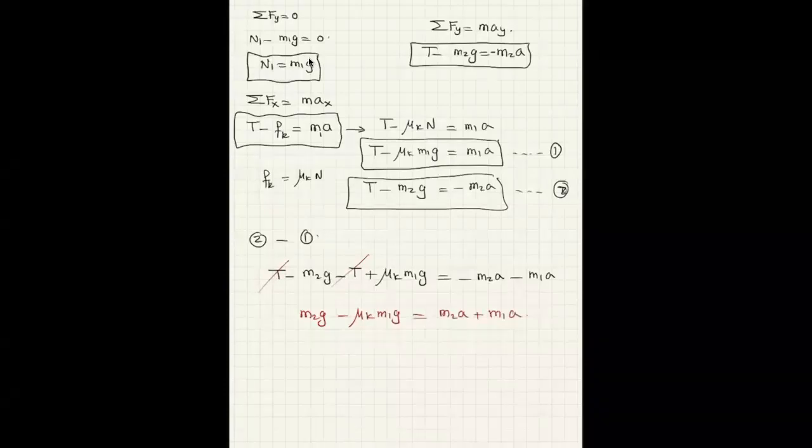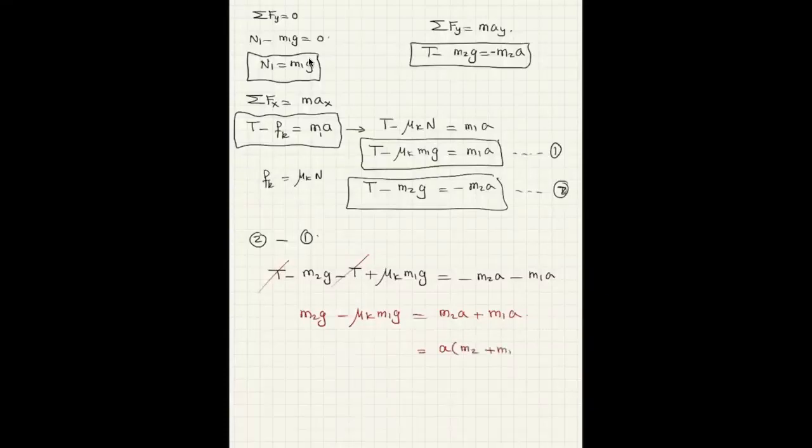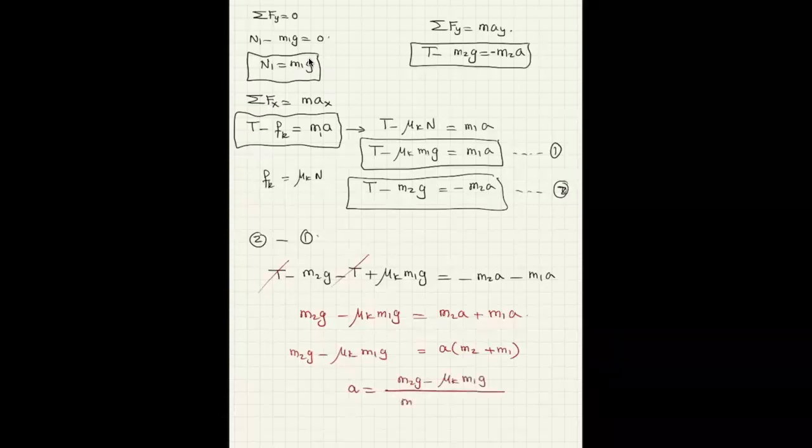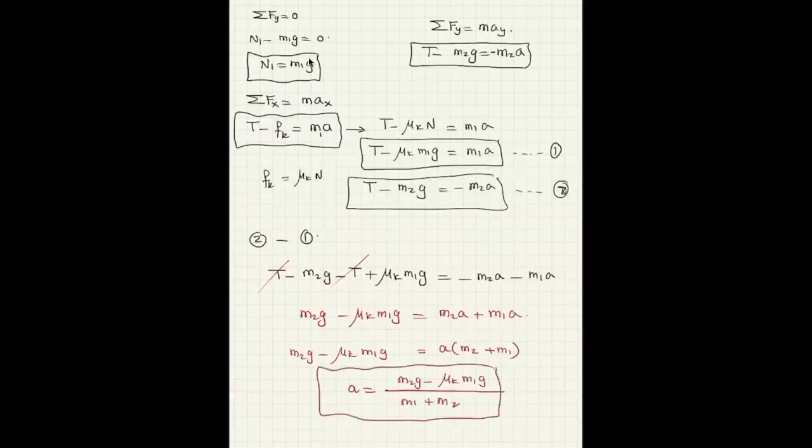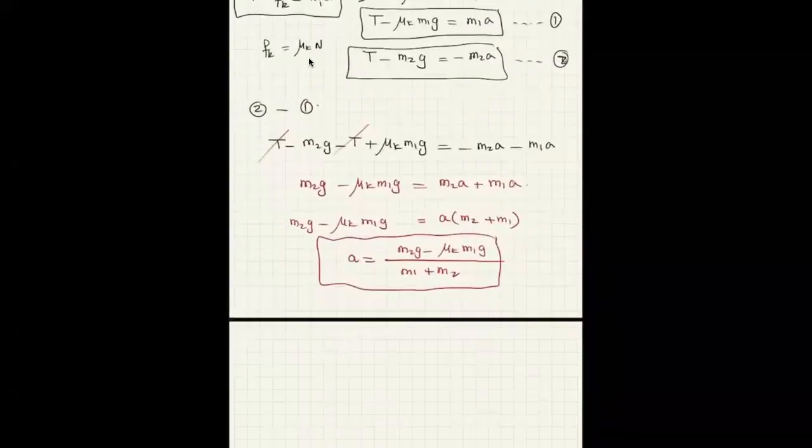And then finally, I will isolate A. My A is going to be M2G minus mu k M1G divided by M1 plus M2. This is with friction. What I can do now is just plug in the numbers.